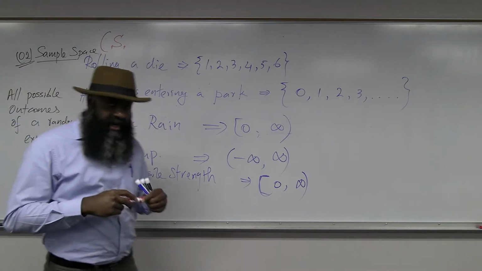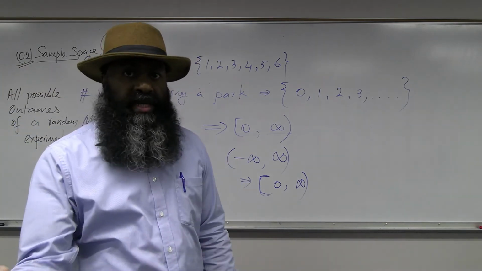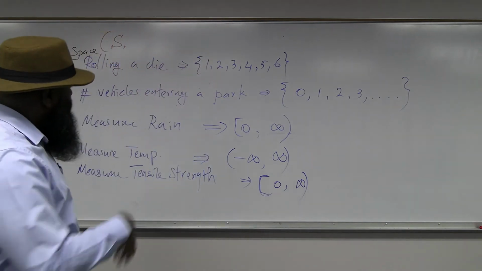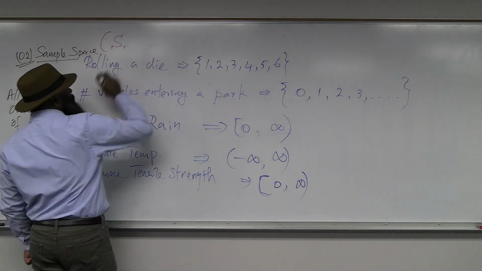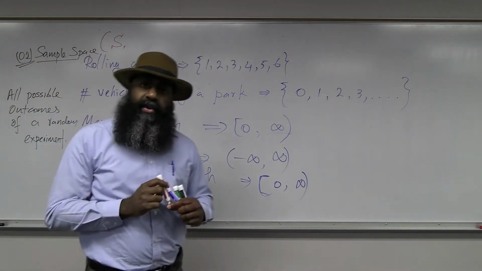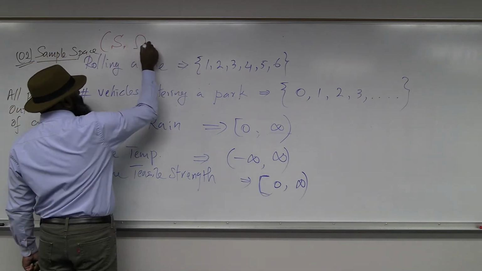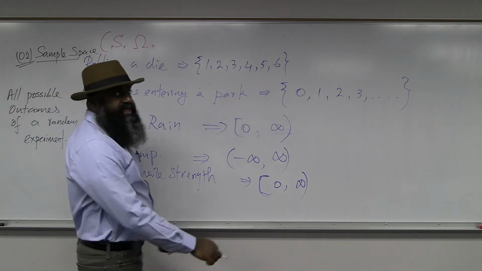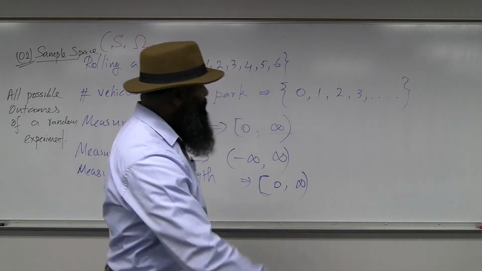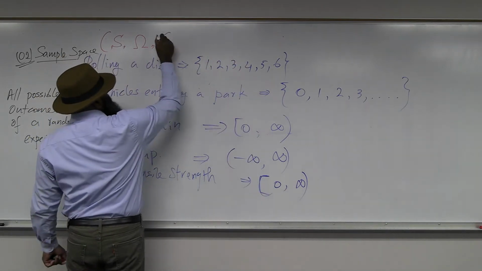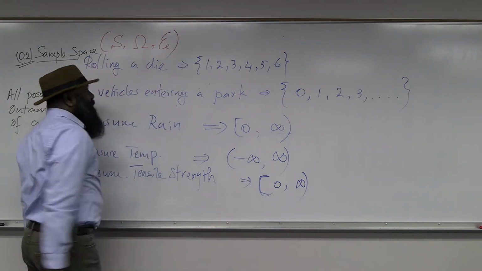Many other statistical literature also people use sample space is S. But there are a few other symbols also you will see if you read a statistical paper anywhere. One other symbol is omega, uppercase omega for sample space. And also sometimes you will see epsilon used for sample space.